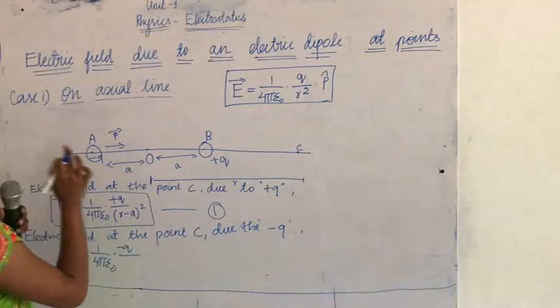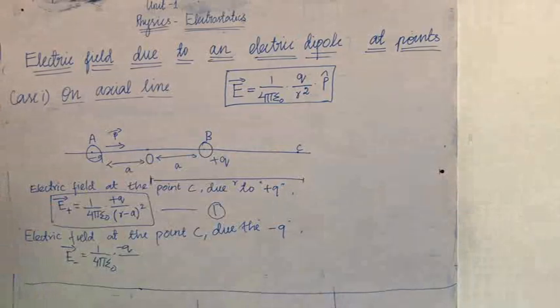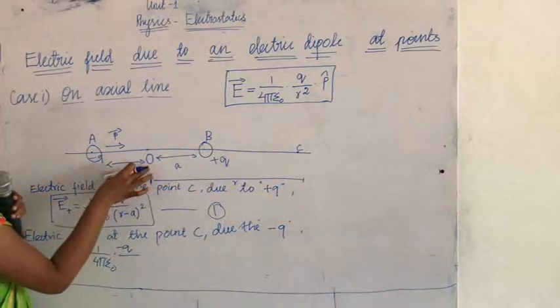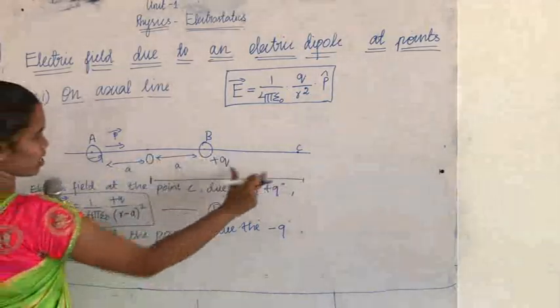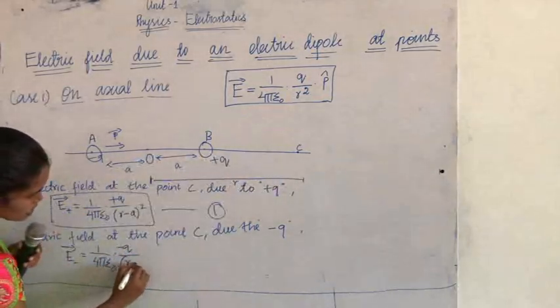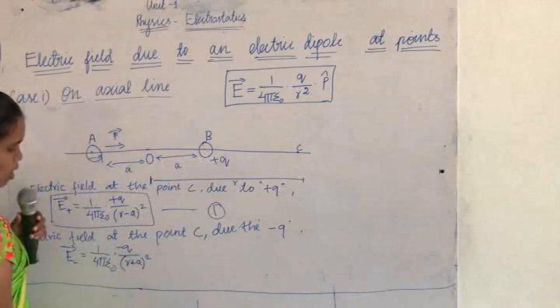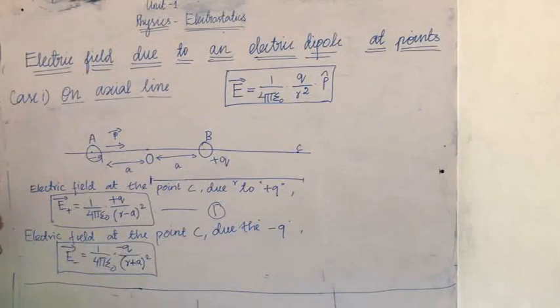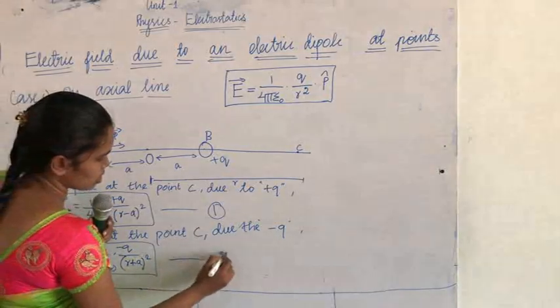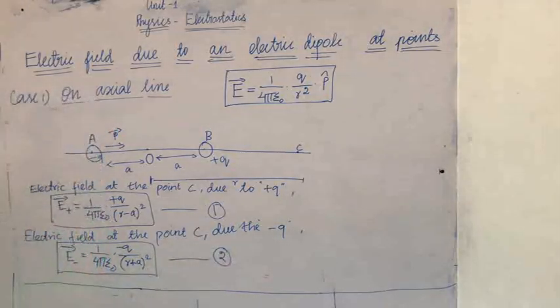Now the distance between A and C: up to O the distance is a and O to C the distance is r. So r plus a the whole square. Write it down, children. This is equation 2.